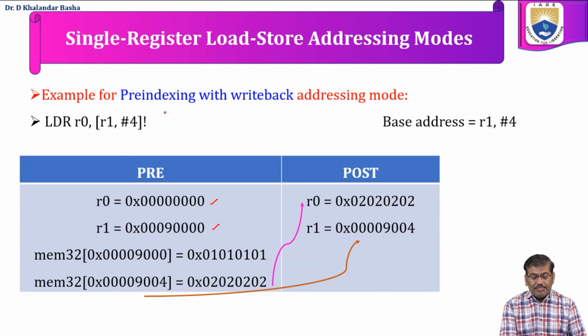Here, as it is pre-indexing, R1, what is the current address? 9000 will be added with 4, that is 9004 is the current location. This 9004 location's contents will be copied into the R0 register for the LDR instruction. So after executing this LDR instruction, the 9004 data will be copied into the R0 register. After executing this, R1, that is the address, will be updated with R1 plus 4. This is pre-indexing with write back.